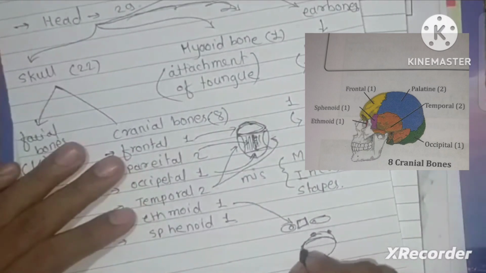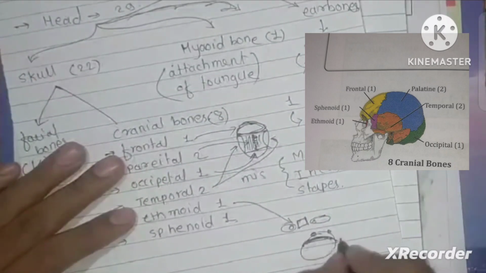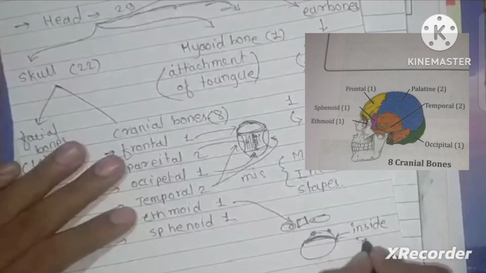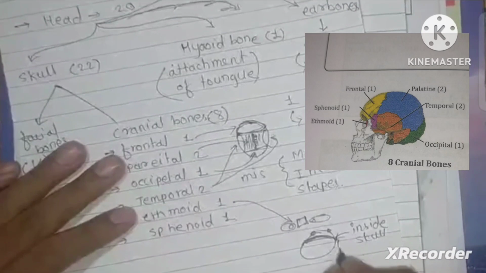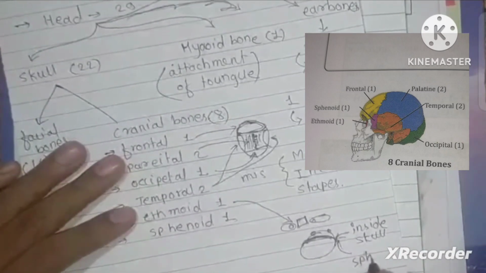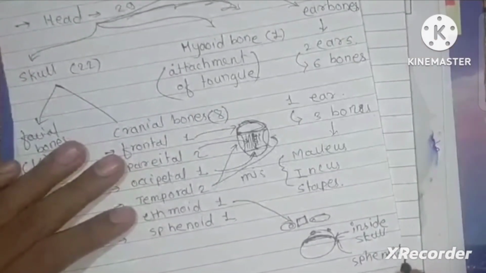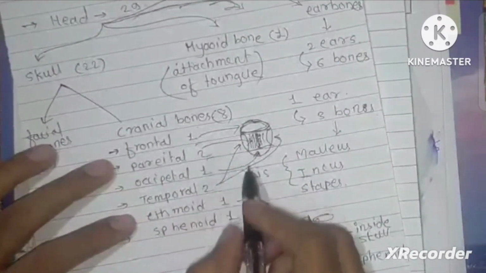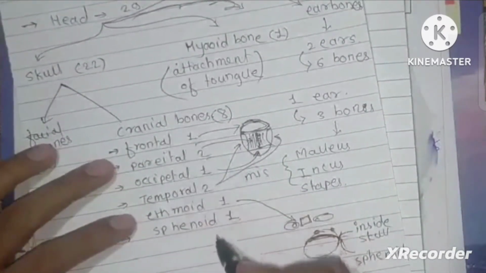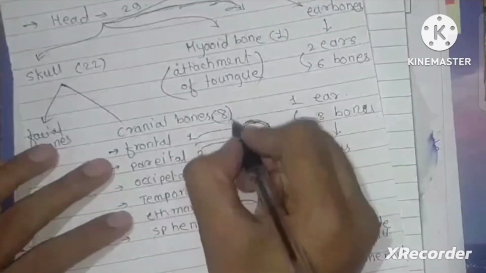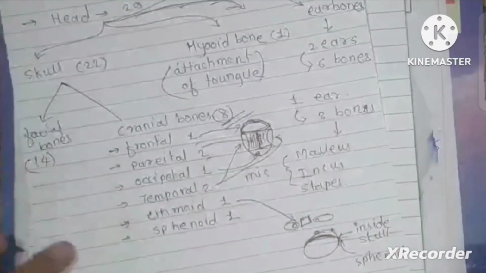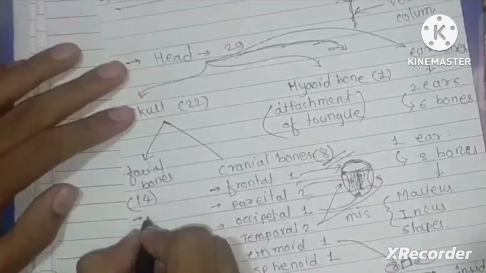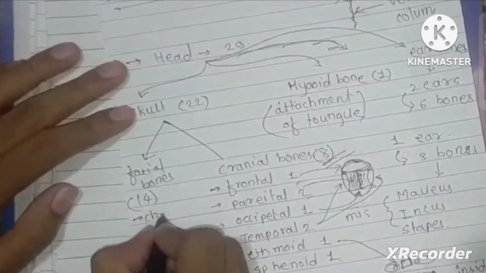Consider this part is occupied by sphenoid bone inside the skull. Okay. So these 8 bones we have discussed: frontal, parietal, occipital, temporal 2, ethmoid 1, sphenoid 1. The total 8 bones. Now we will discuss the facial bones.